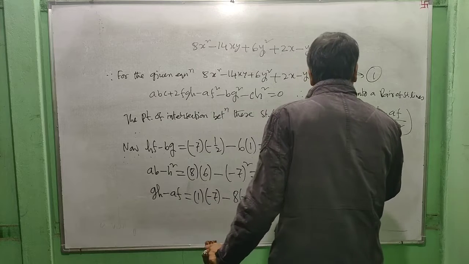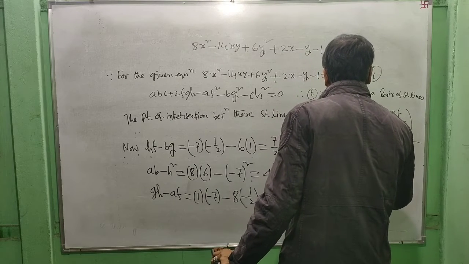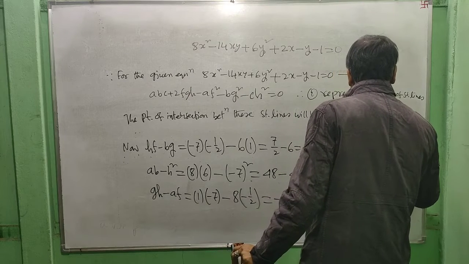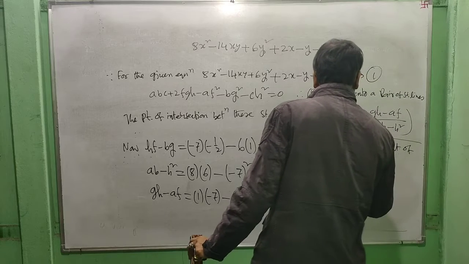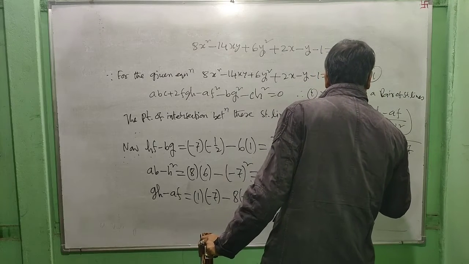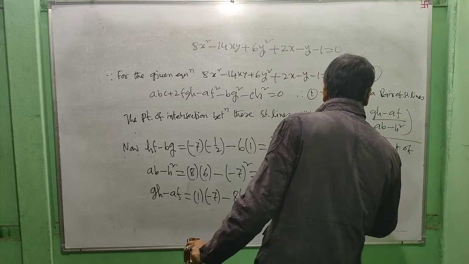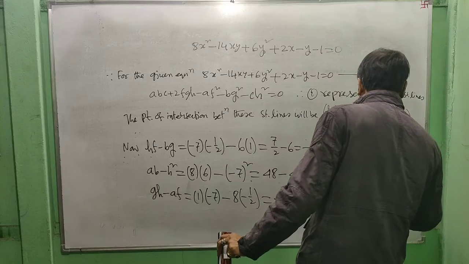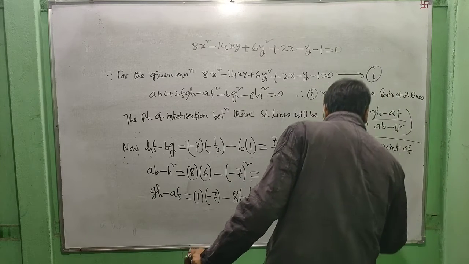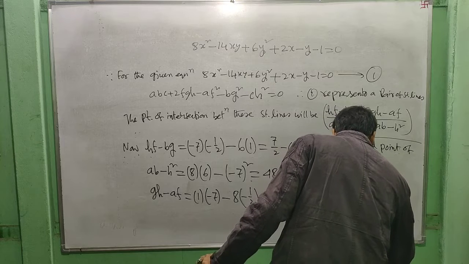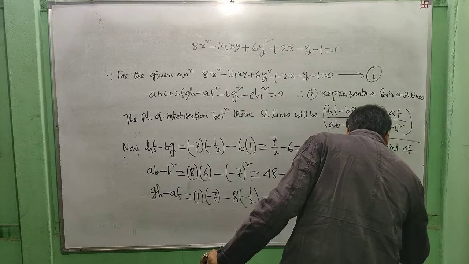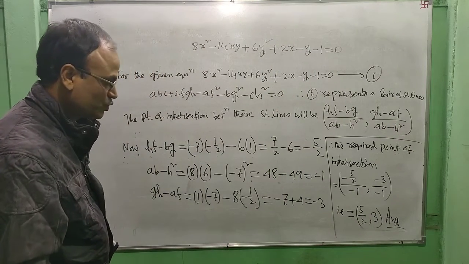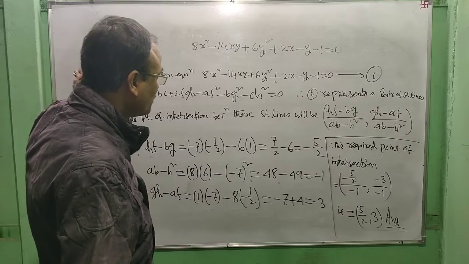Therefore, the required point of intersection is minus 5 by 2 by minus 1, minus 3 by minus 1, that is equal to 5 by 2, 3. This is the point of intersection.